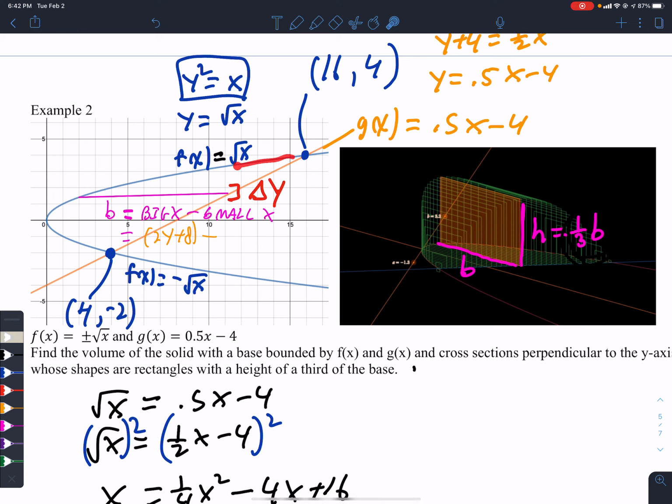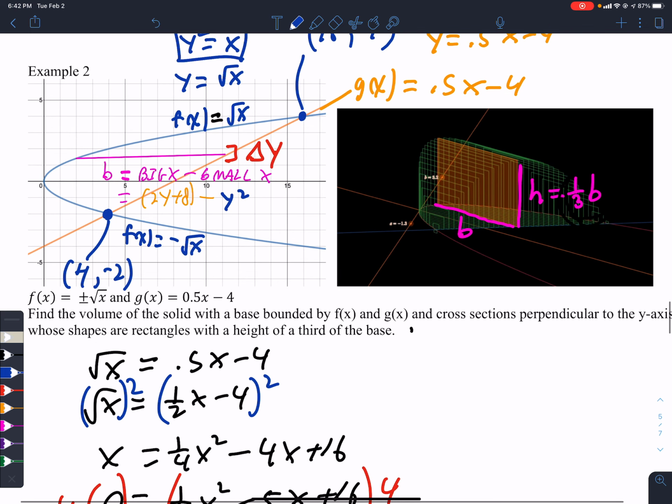So this blue line, its x value is y squared. So now we have found b. Let me write this. b is going to be minus y squared plus 2y plus 8.